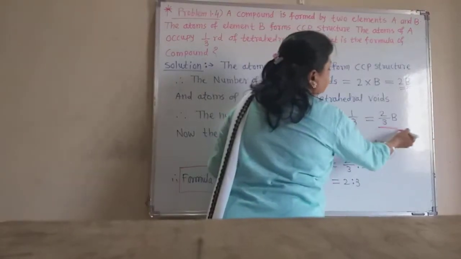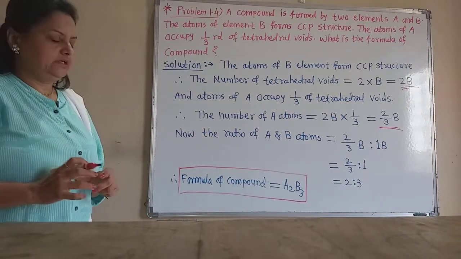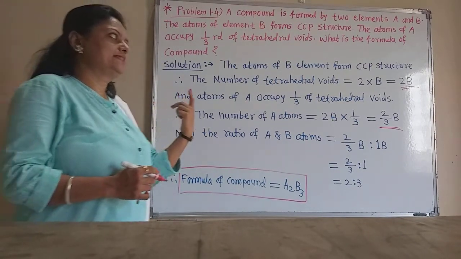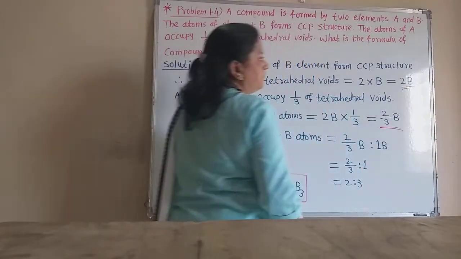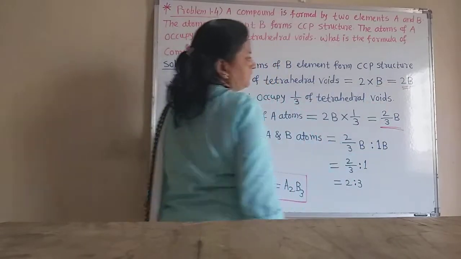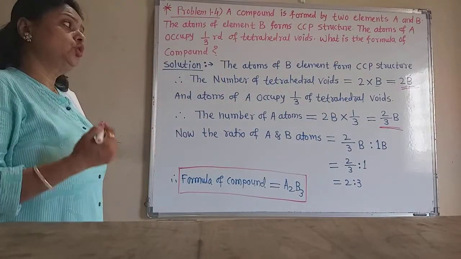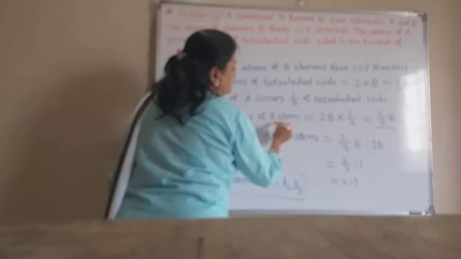The number of B atoms is only B, and tetrahedral voids are twice B. But the number of B particles we have taken as only B, that is 1B suppose. So 2 divided by 3 B will become the number of A atoms.